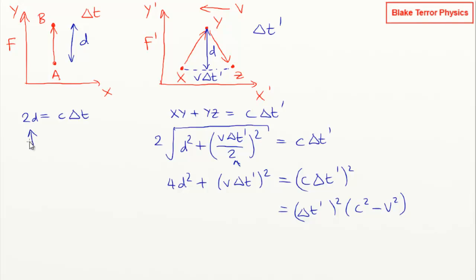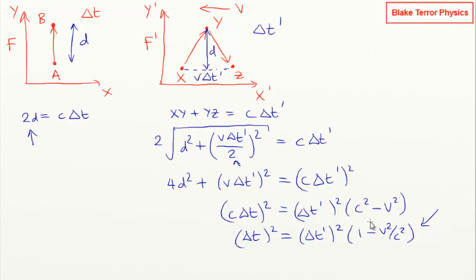And we can get that from here. If we square this left hand equation, then we've got 4d squared, so we can say c delta t all squared. Right, next up, let's divide through by c squared. So we'll have delta t all squared is delta t prime all squared, and then we're going to have 1 minus v squared over c squared, which is what we wanted to see.